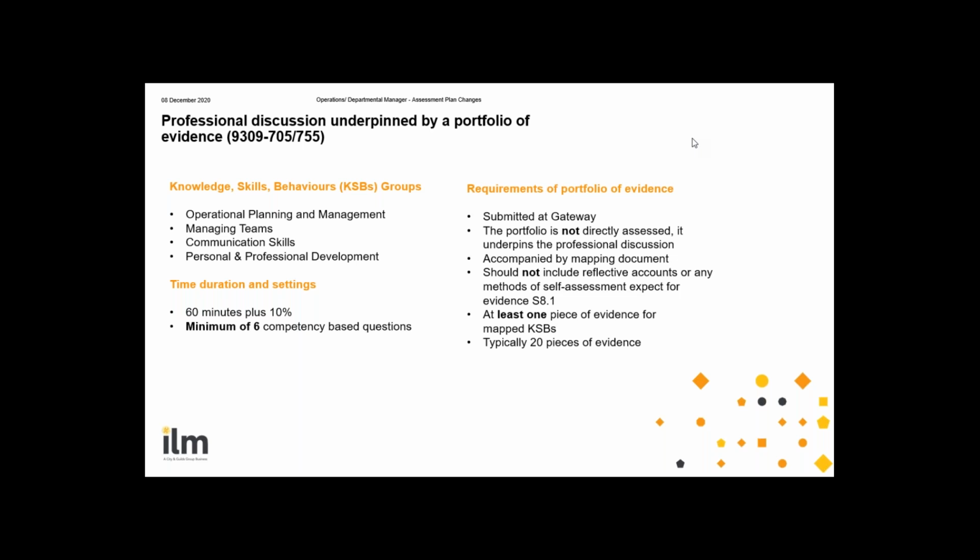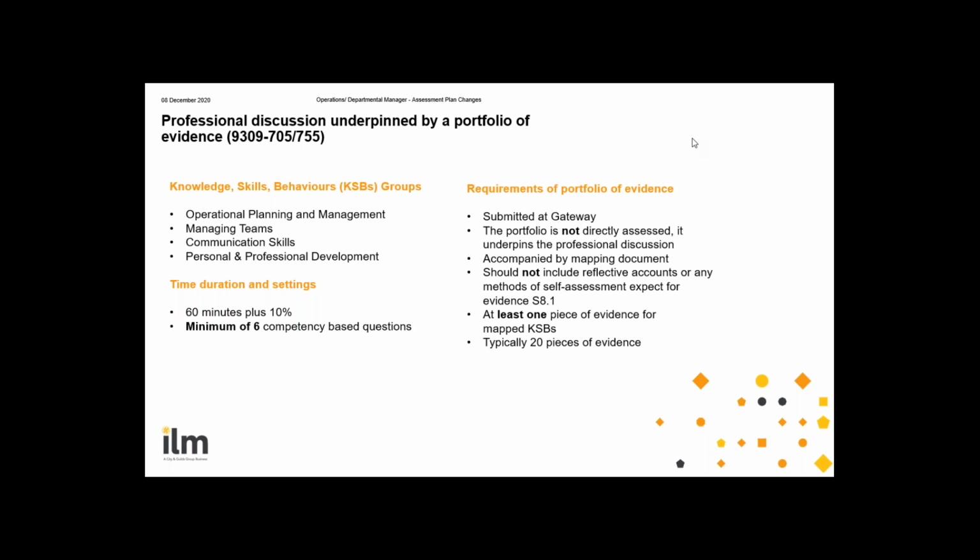Within these 60 minutes, there is a minimum of 6 competency-based questions that will be asked to prompt the discussion to start with. It is likely that further questions will be asked for clarification purposes and to allow the apprentice the opportunity to cover the knowledge, skills, behaviors mapped to this assessment method, as well as the grading descriptors, which I will tell you a bit more about later on.